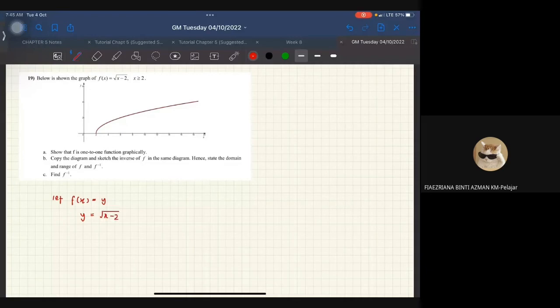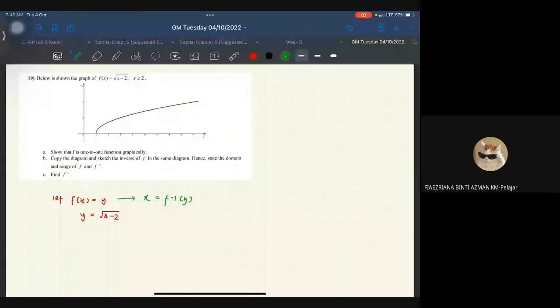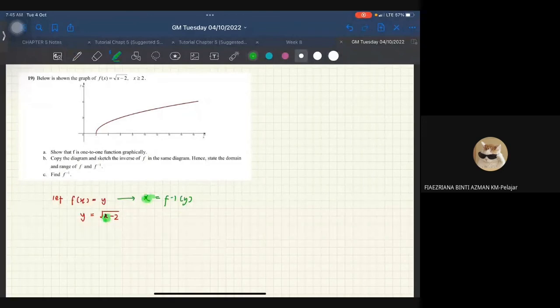Okay, so our aim is kita nak jadikan x tu sebagai subjek. Okay, so kenapa kita nak jadikan dia sebagai subjek? Sebab from atas ni tadi, awak akan dapat x is equals to f inverse of y. Okay, so that's why lah kita nak jadikan kita punya x ni sebagai subjek sebab kita nak dapatkan this one. So bila dah dapat x sebagai subjek, dapatlah terus f inverse y.